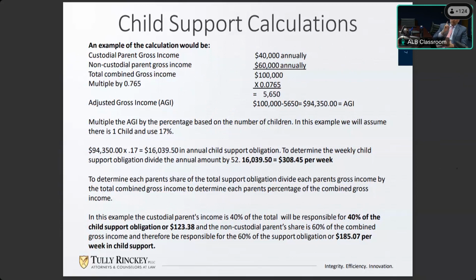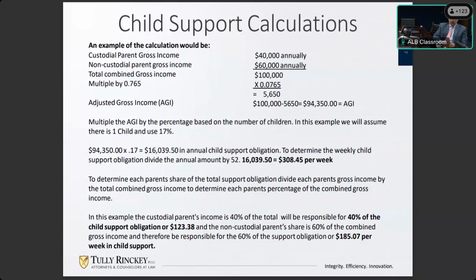And this is above and beyond what you have to pay in child support. So let's just say that you have daycare expenses of $100 a week, that non-custodial parent is going to have to pay on top of their child support 60% of those.